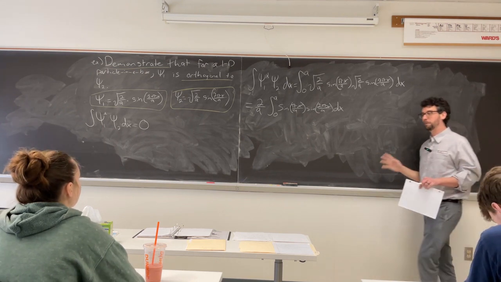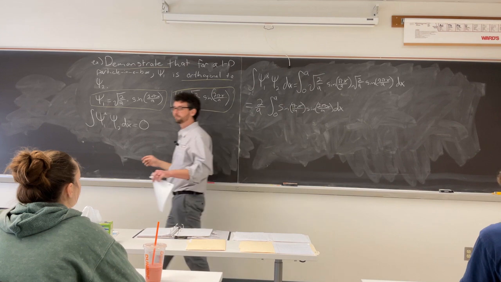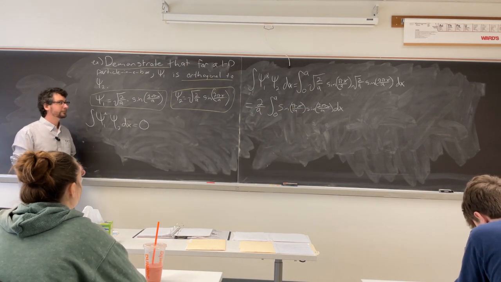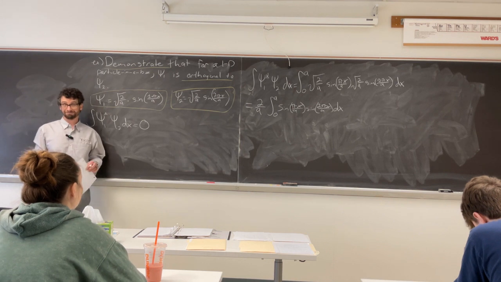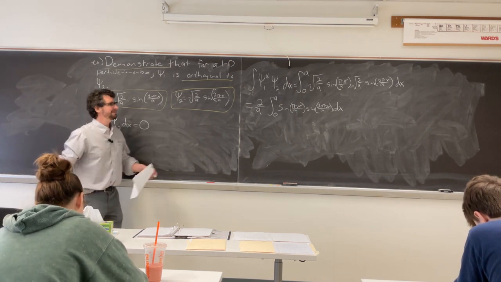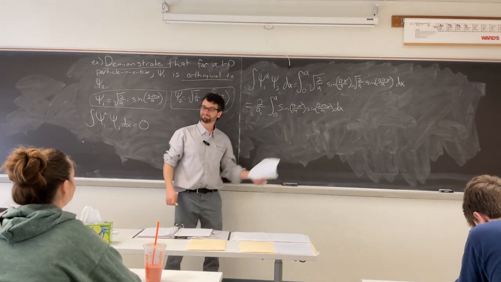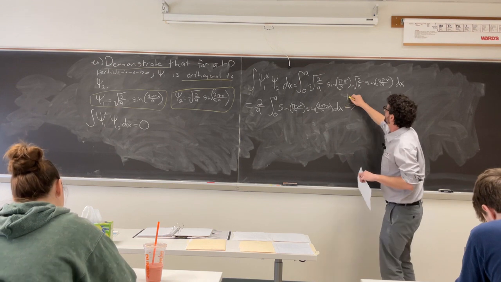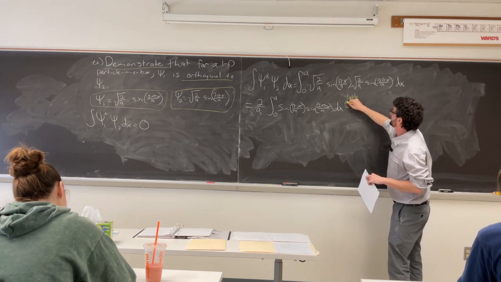Anybody know or remember how to do that integral? You might be able to. I have no clue how to do that integral. An integral table is how I'd operate. Yeah, substitution and stuff.